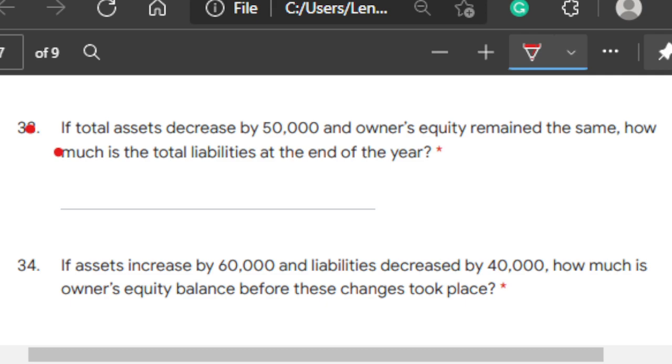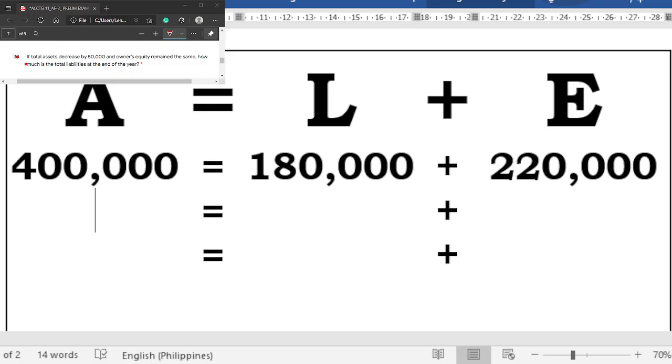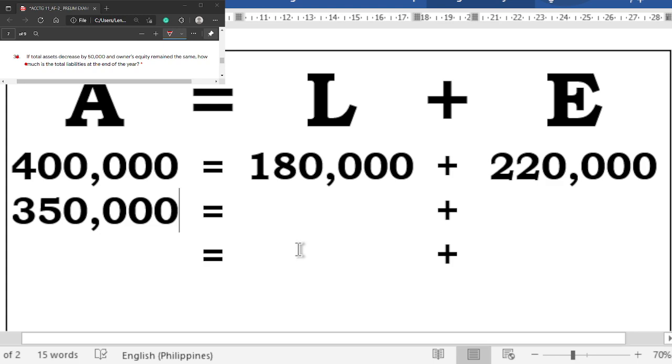So next question, if total assets decreased by 50,000 and owner's equity remained the same, how much is the total liabilities at the end of the year? Okay, so again, our assets decreased by 50,000, so that means from 400 it will become 350,000, and our equity remained the same.